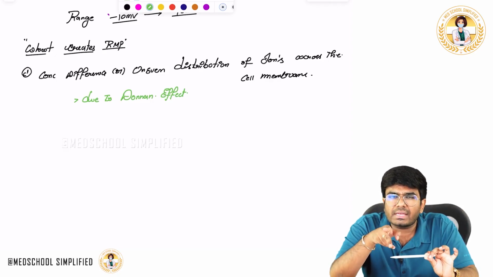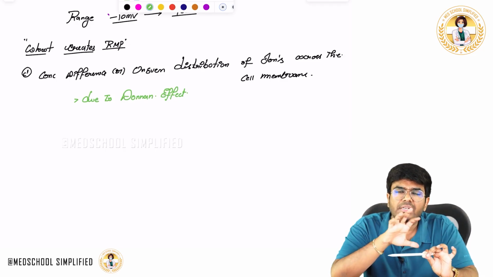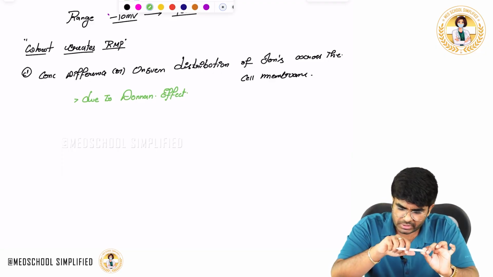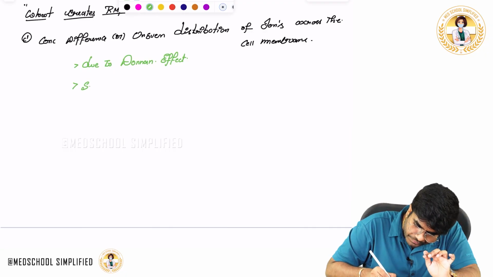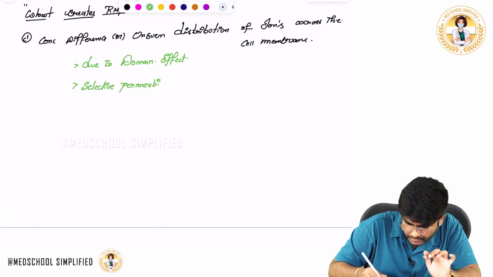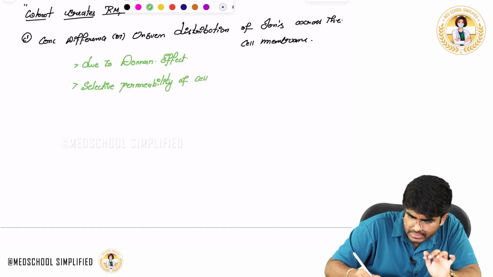So there is this bias. Because of this, certain ions are going to be present within the cell and certain ions outside the cell. So there is unequal distribution. This is also due to selective permeability of the cell membrane.